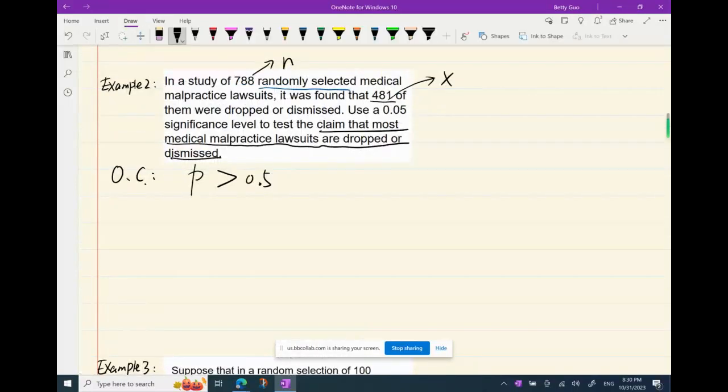Based on the original claim, we're able to determine our null and alternative. Again, the null always contains an equal sign, so this is our null. And how do we know H sub 1? The original claim is either equal to the null or equal to the alternative. In this case, since the original claim is not the null, it must be H sub 1. So H sub 1 is p bigger than 0.5. What type of test is that?